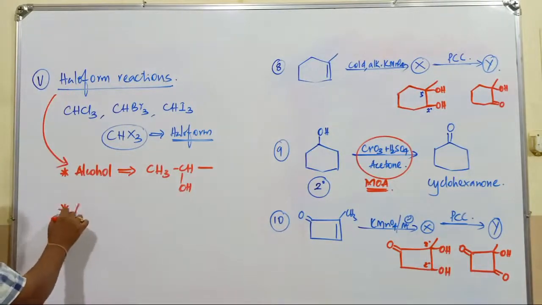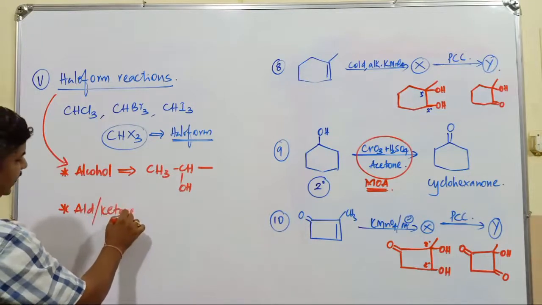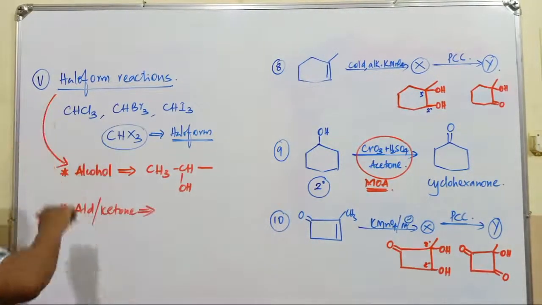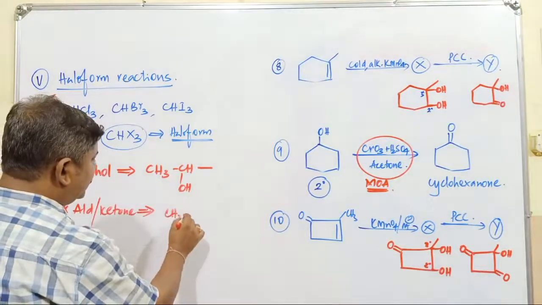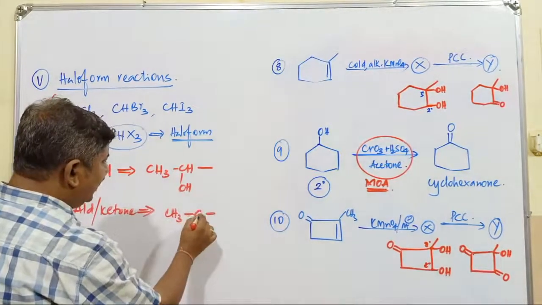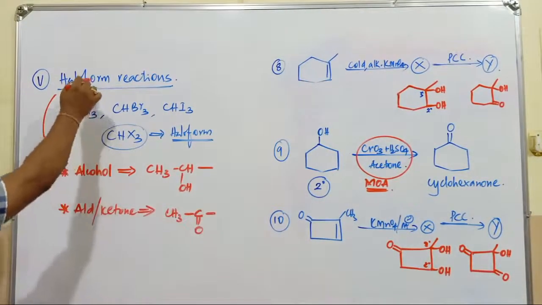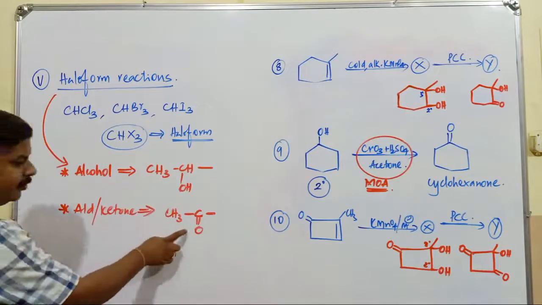And in case of aldehydes and ketones, which we will discuss further in carbonyl compounds, this is CH3, C double bond O. Any carbonyl compound containing such a group also answers haloform reactions. If it is an aldehyde or ketone, this group is necessary.